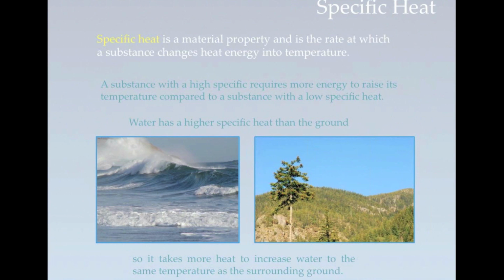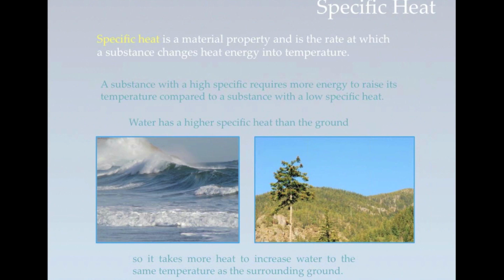If we wanted to raise water to 75 degrees Fahrenheit, we would have to have a lot more heat, a lot more of those bubbles of heat energy, than if we wanted to raise the ground or rocky material to 75 degrees, because of the specific heat of the material.